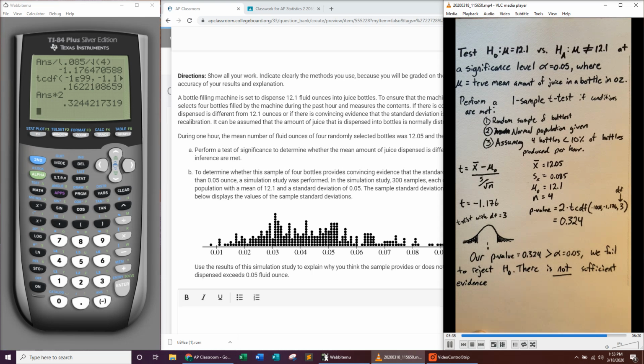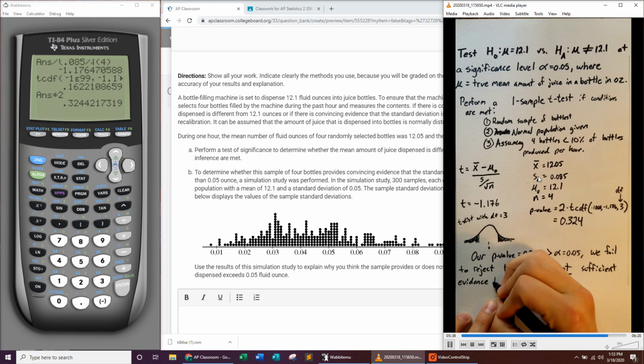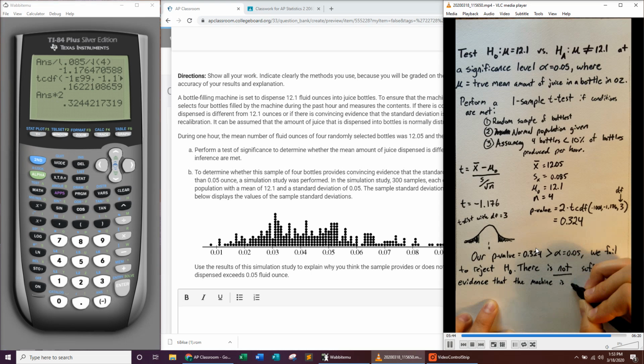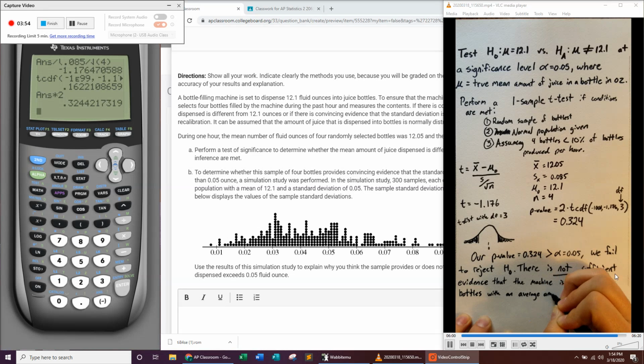So basically what we've seen here is that having a sample a little bit lower than what it's supposed to be, 12.05, is pretty probable. So we draw our conclusion. There's not sufficient evidence that the machine is filling bottles with an average amount different than 12.1 ounces.